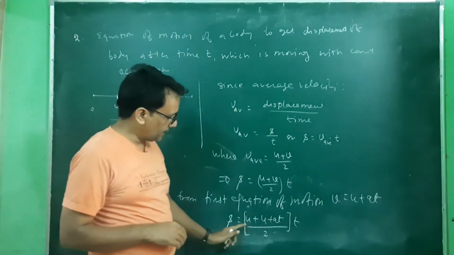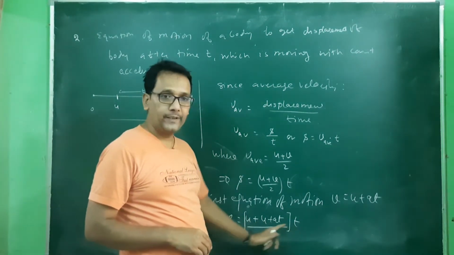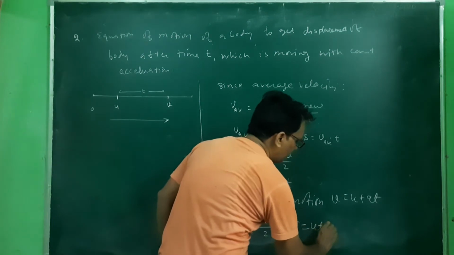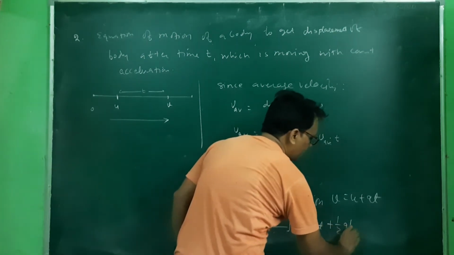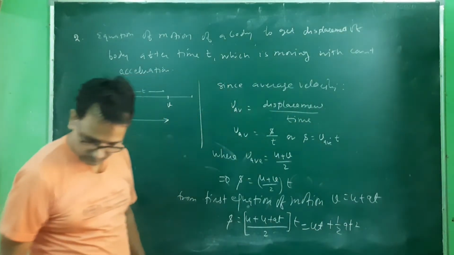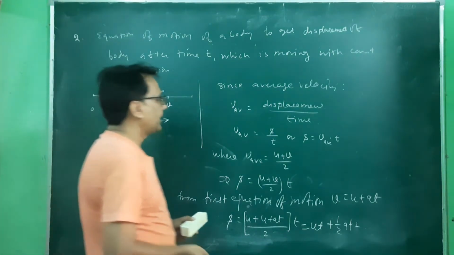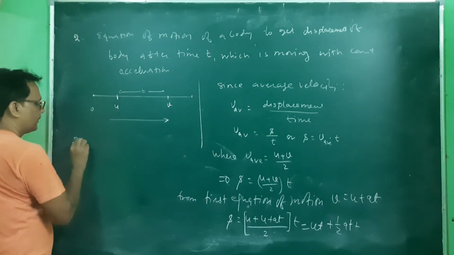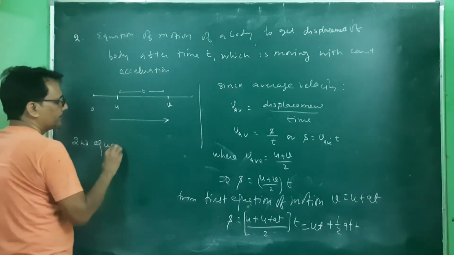By solving this, it is 2u multiplied by t divided by 2, so this is equal to ut plus half at square. So the second equation of motion is s equals ut plus half at square.